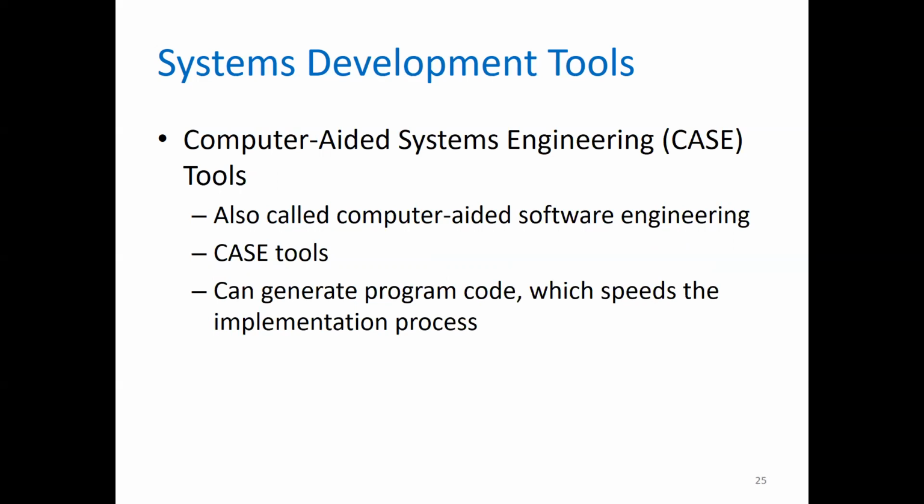Another system development tool that is actively being used in the design of software is CASE tools. CASE stands for Computer-Aided Software Engineering. It can generate program code, which speeds the implementation process.